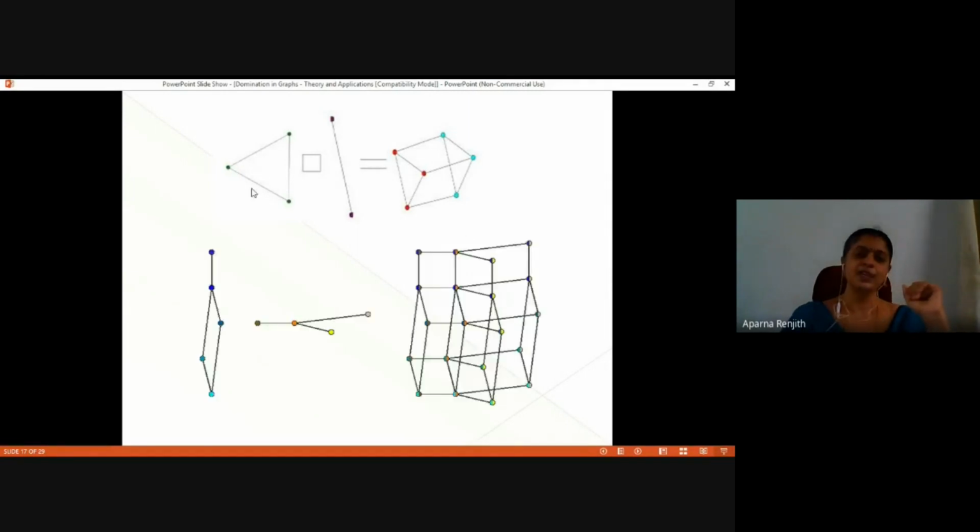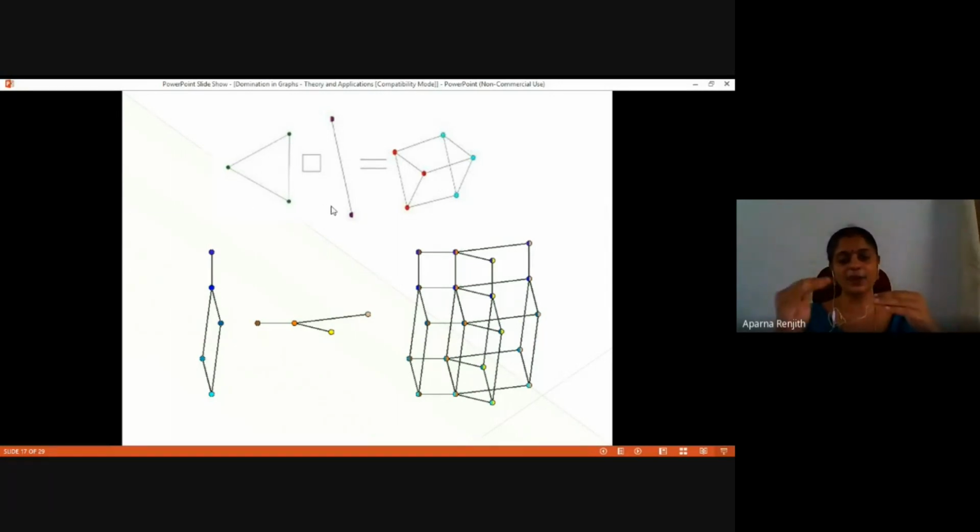So let me show you an example. I'm taking the Cartesian product of a triangle and an edge. You can see that there are 2 copies of the triangle, and the number of vertices in this second graph is 2. So we get n of H copies of the first graph, and you can see 3 copies of H here. H was a single edge, so 3 copies of H are here, and the number of vertices of the starting graph was 3.